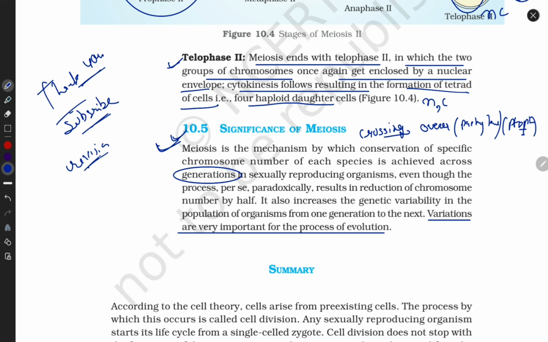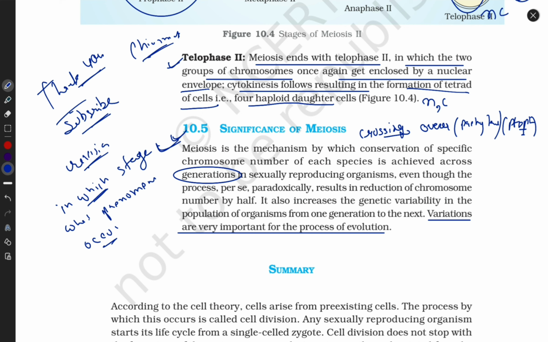You have to revise in which stage what phenomenon occurs. You have to learn properly. If someone asks in which stage chiasmata are best visualized, you have to remember that it is the diplotene stage.